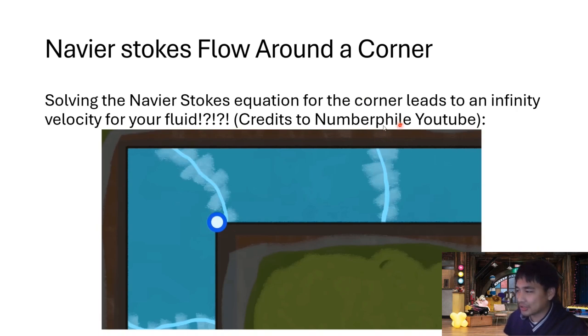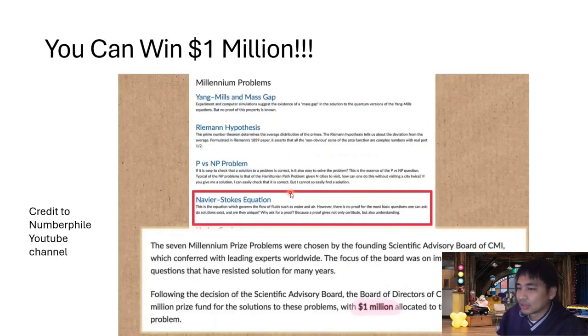Credits to the YouTuber I was telling you about, who talked about this; this is his video that I screenshotted. Same video I was talking about, I screenshotted this from. There are a few problems called Millennium Problems. I think there are 7 of them. And there is an organization, the CMI, I think, funded by some rich business person, that if you were to find a mathematical proof or solution, you would actually get $1 million for this.